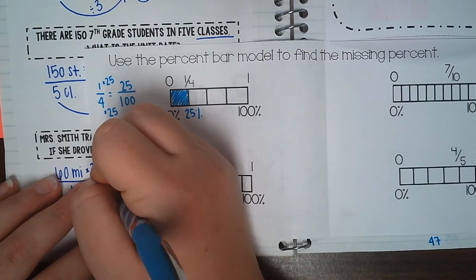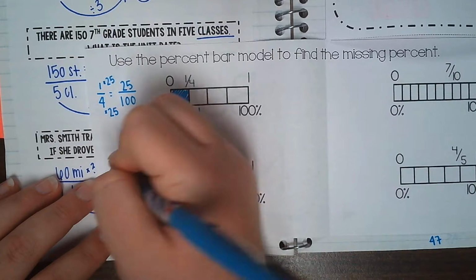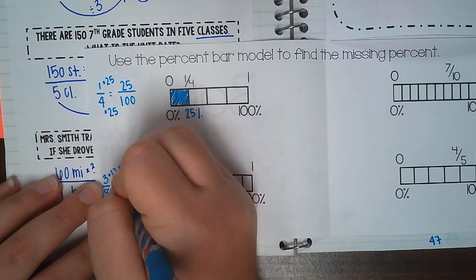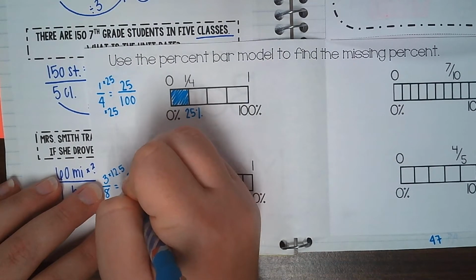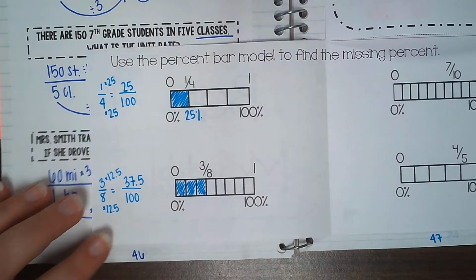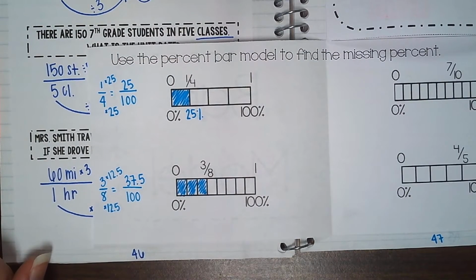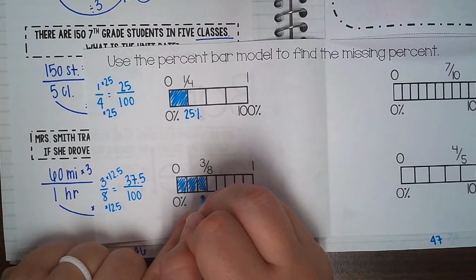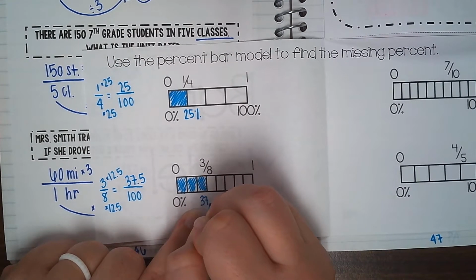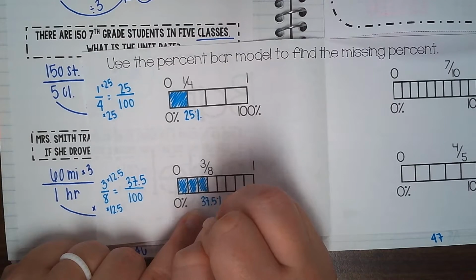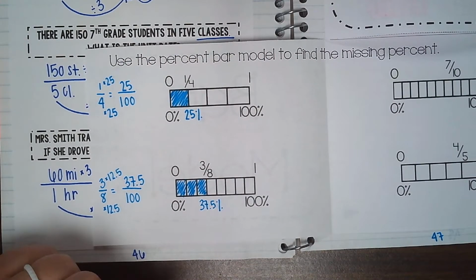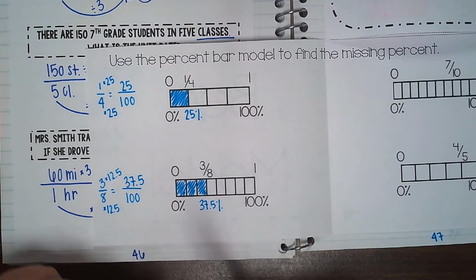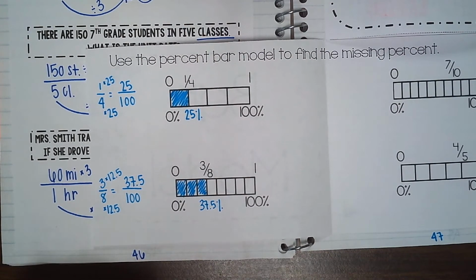So 3 times 12.5 is 37.5. So our percentage is 37.5%. And it is okay to have a decimal percent, and it is okay to have a fraction percent.